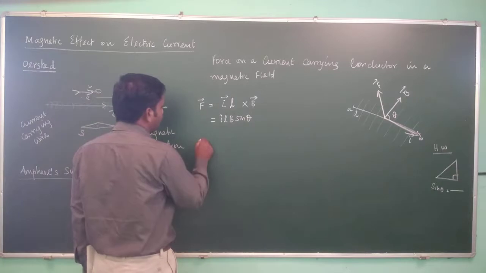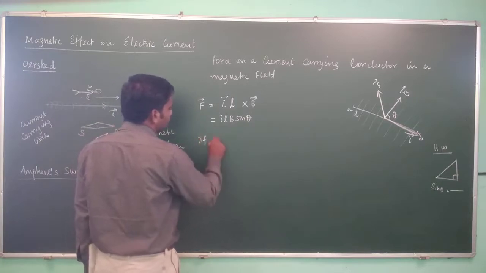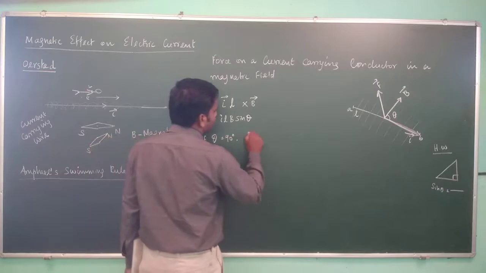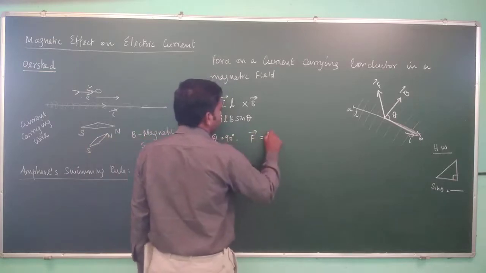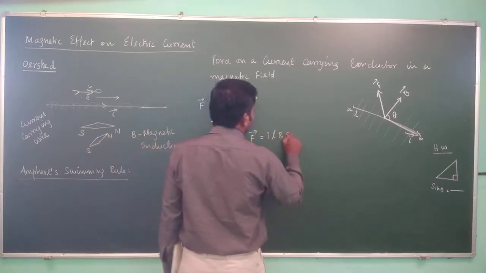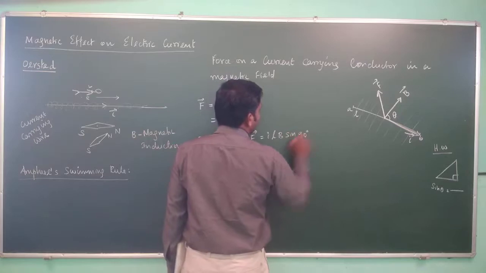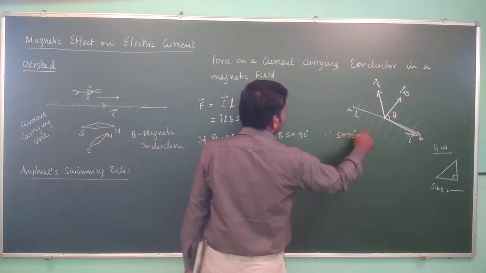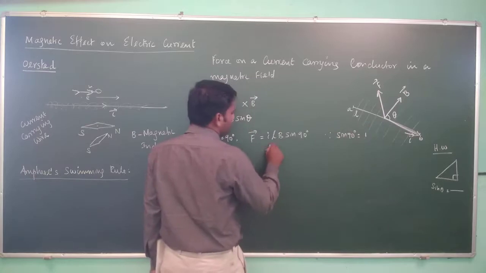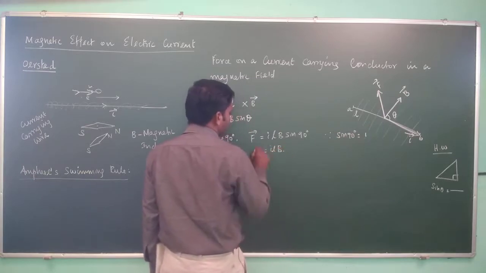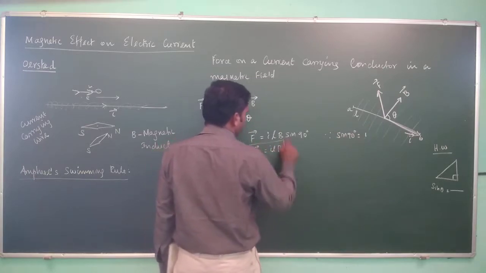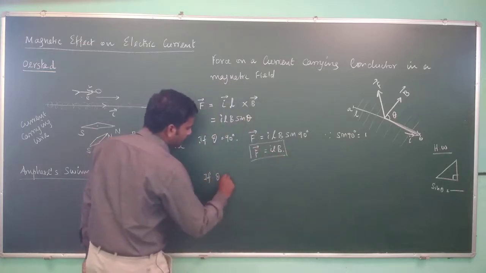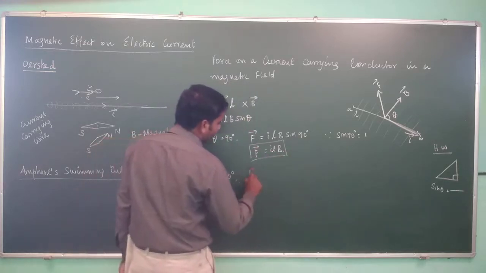Now, if theta is equal to 90 degrees, what would happen? F becomes I L B sin 90 degrees, which is 1, so this becomes I L B. Another case: if theta is equal to 0 degrees, what will happen?